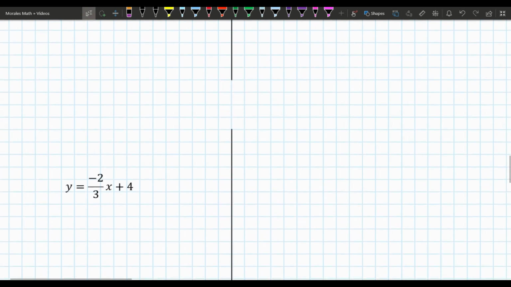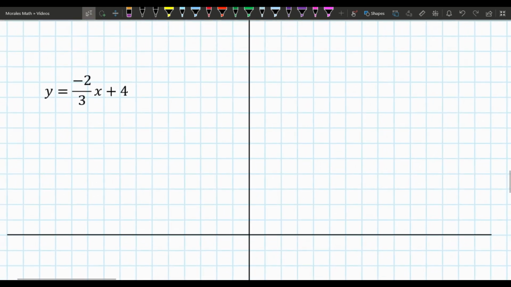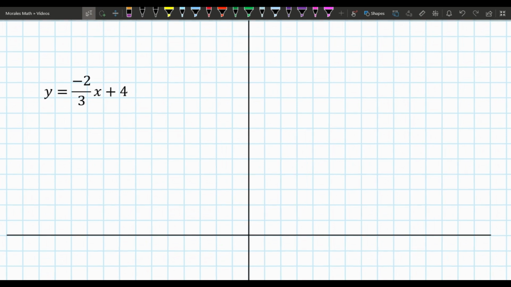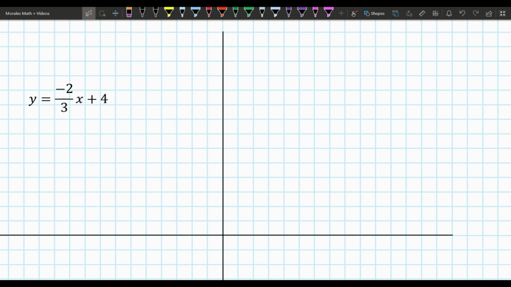Let's take a look at another example over here. Now, this one is actually a negative slope, and there is no job out there that you work and pay them. That doesn't work. So we're gonna have to use a different picture to explain this one.